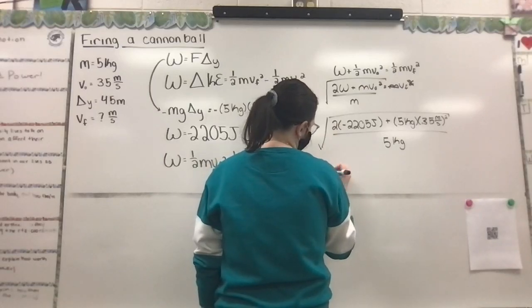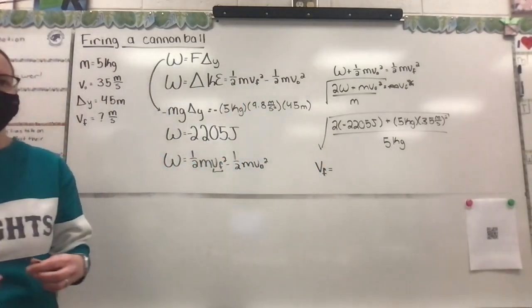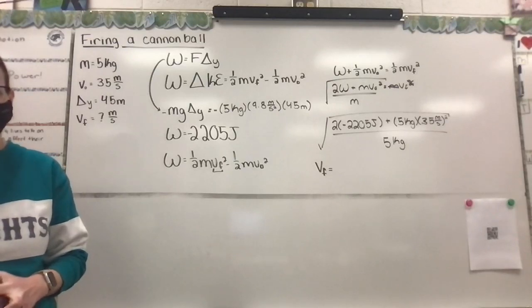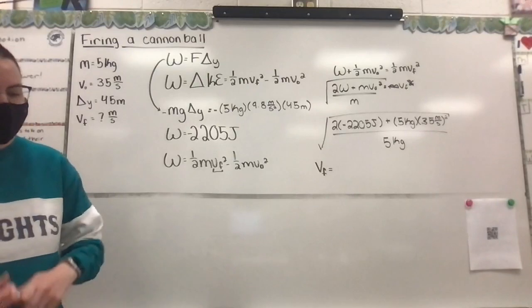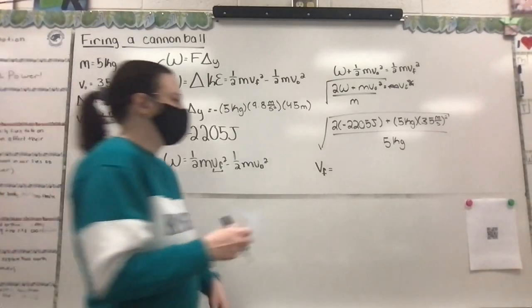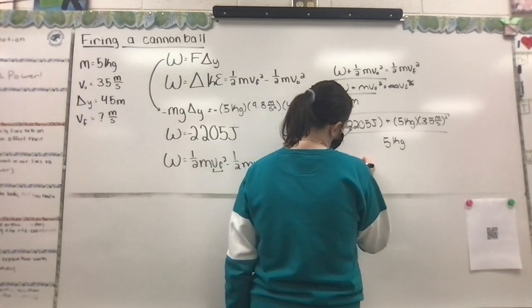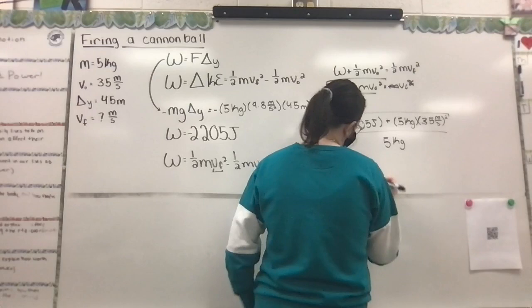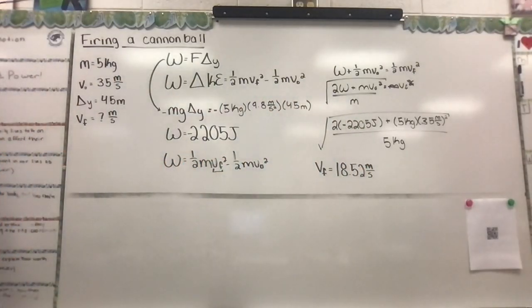A negative number under the radical, that's fine. You guys have learned about imaginary numbers, right? Yeah, long time. Okay, 18.5. What are the units? Meters per second. Ta-da! Not bad, right? Pretty easy.